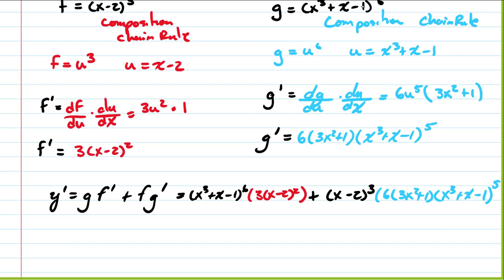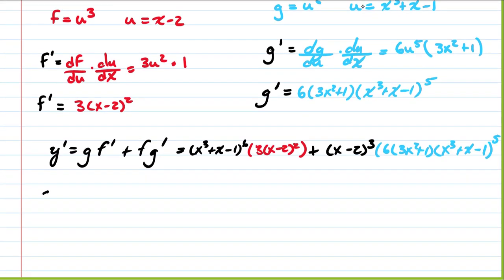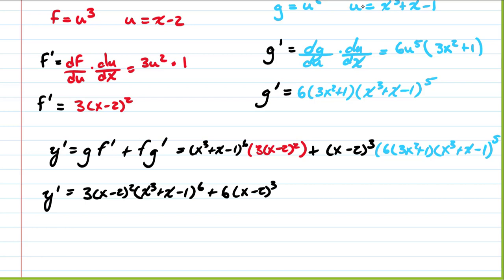All right, so now cleaning this up at least just a little bit to put our coefficients in front, we get 3 times x minus 2 squared times x cubed plus x minus 1 to the 6th. Pulling my coefficient here out to the front, I have a 6 times x minus 2 cubed times 3x squared plus 1 times x cubed plus x minus 1 all to the 5th power.